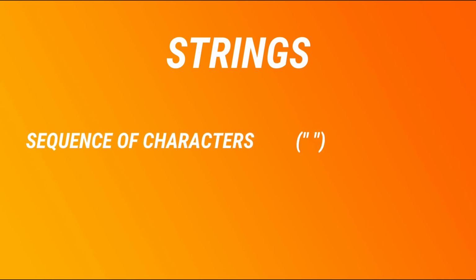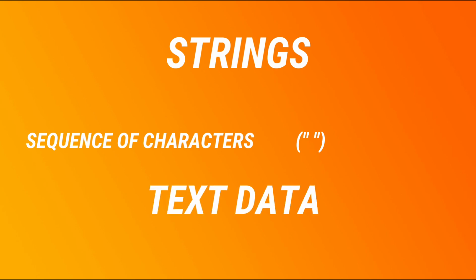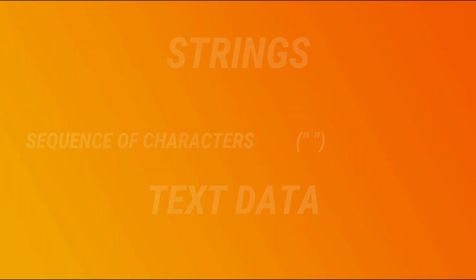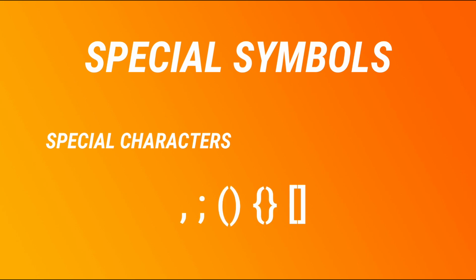Now move on to the fourth one, which is strings. A string is a sequence of characters enclosed in double quotes, used to represent text data in a program. Now the fifth one is special symbols. Special symbols are punctuation marks and other special characters we use, such as commas, semicolons, parentheses, braces, and square brackets.